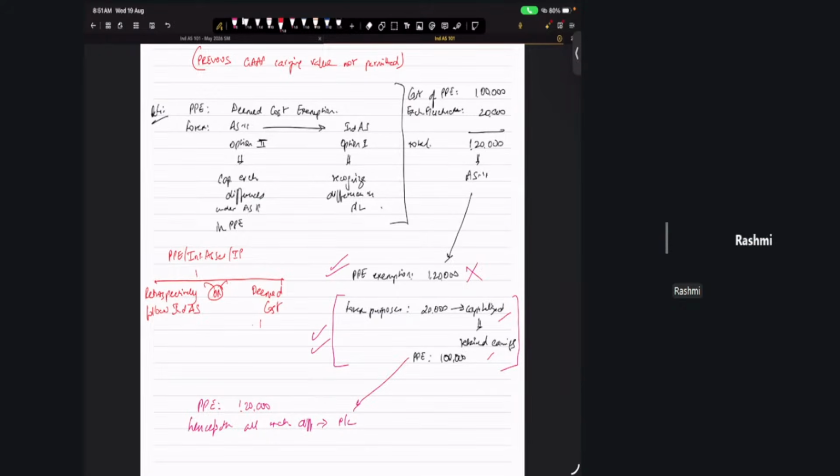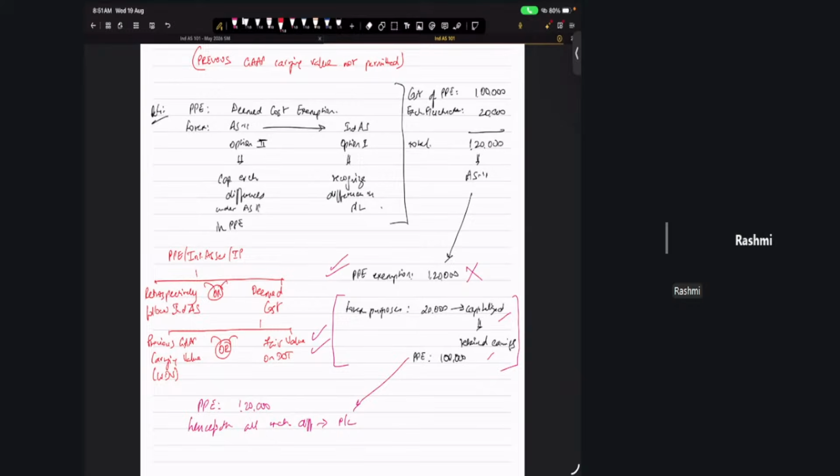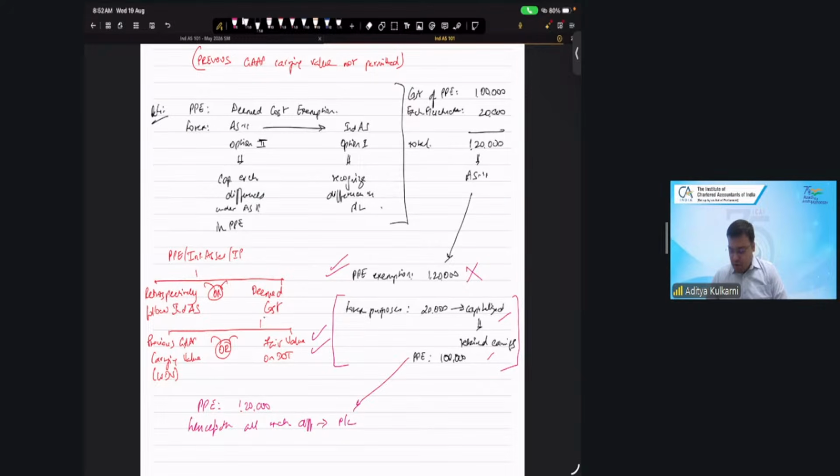Now, this deemed cost could be either the previous GAAP carrying value, that is your WDV, or fair value on date of transition. Are we able to follow? Yes, sir.